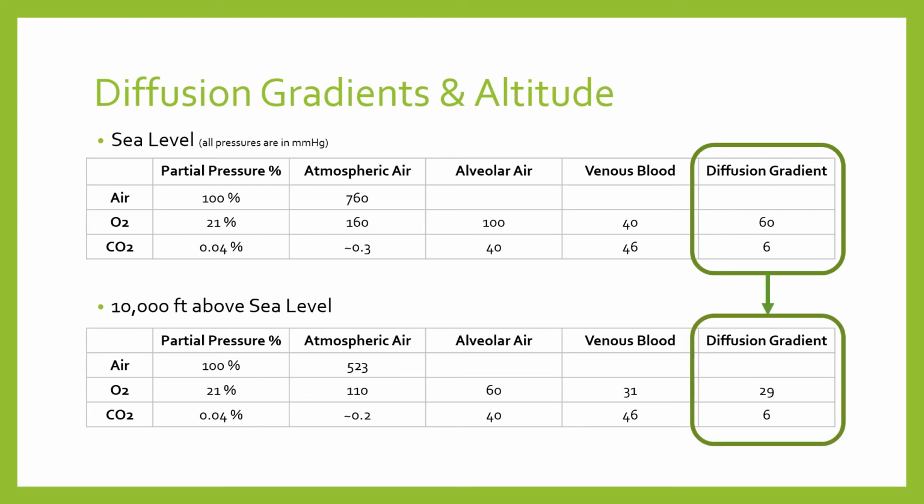The key difference we need to be aware of at altitude is the massive drop in diffusion gradient for oxygen. Because the partial pressures as a percentage don't change, but the real terms pressures do change, and they change most significantly for oxygen. So the diffusion gradient drops as we go higher and higher.